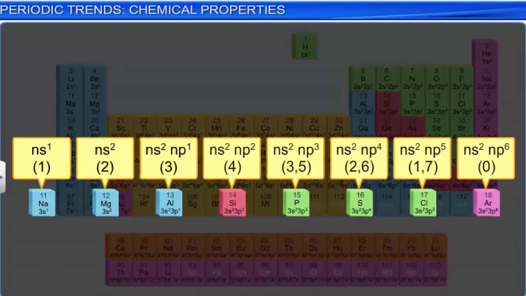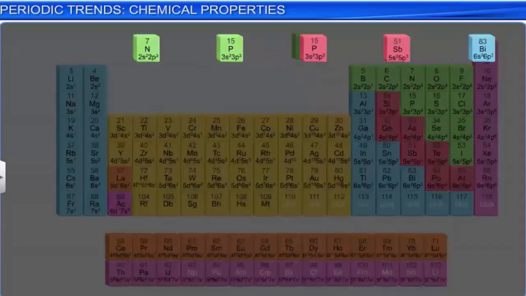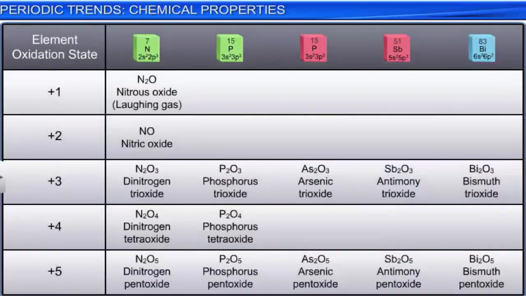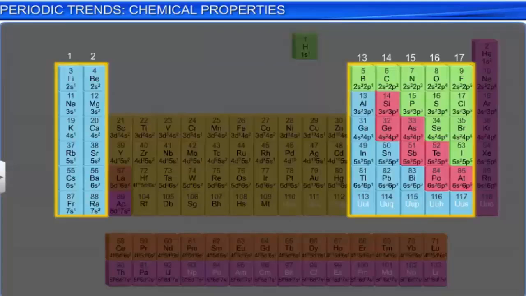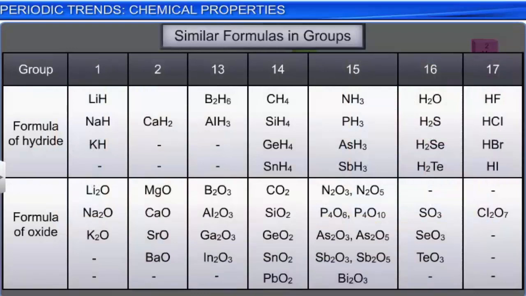The number of oxidation states, however, is the individual property of each group. You can observe periodic trends in the oxidation states of elements based on the formulas of their compounds, with hydrogen and oxygen. As true for oxidation states, all the elements in a group of the periodic table show similar chemical properties.